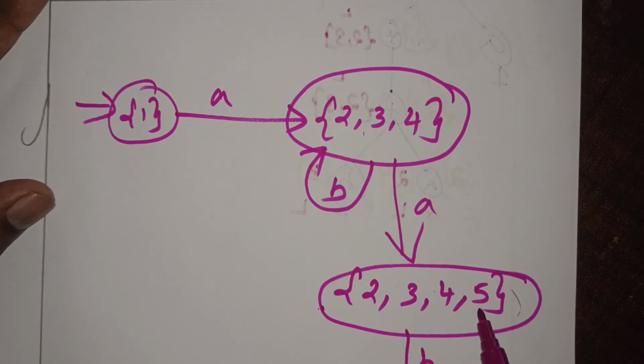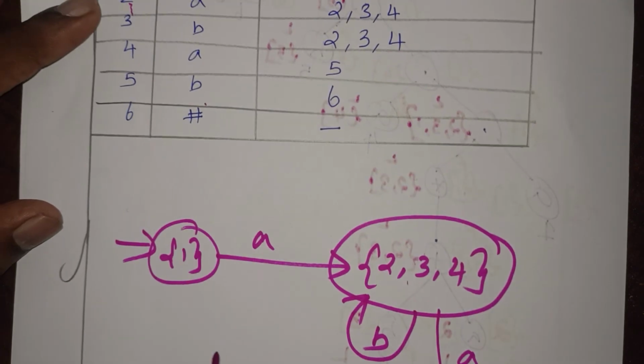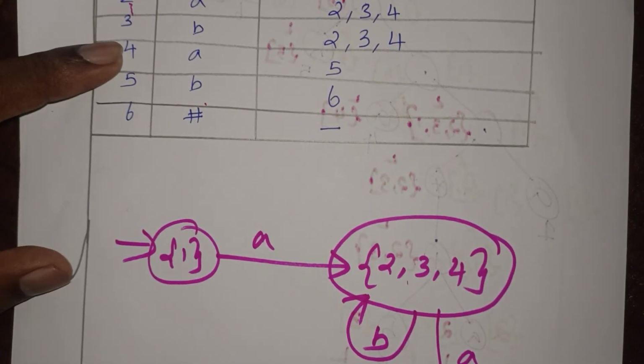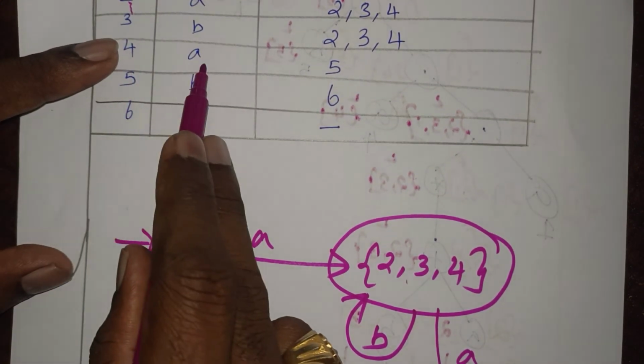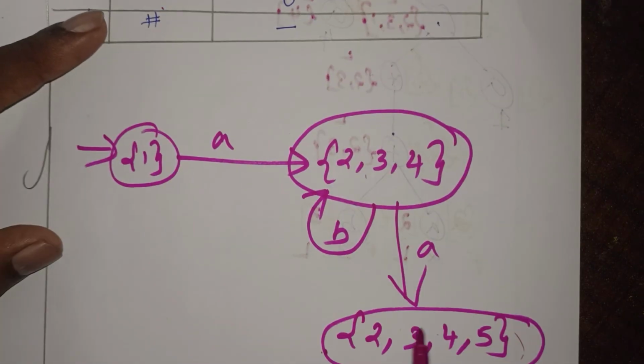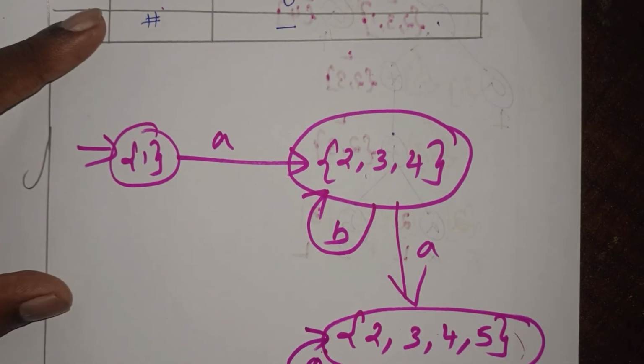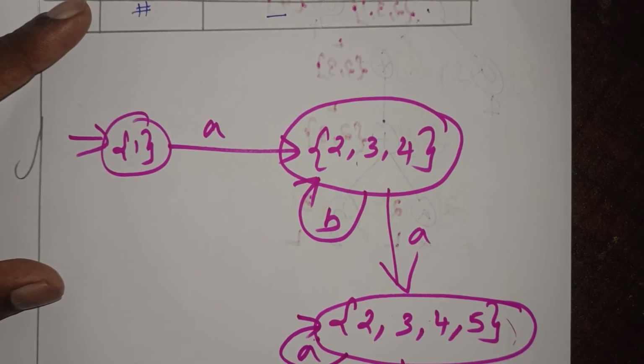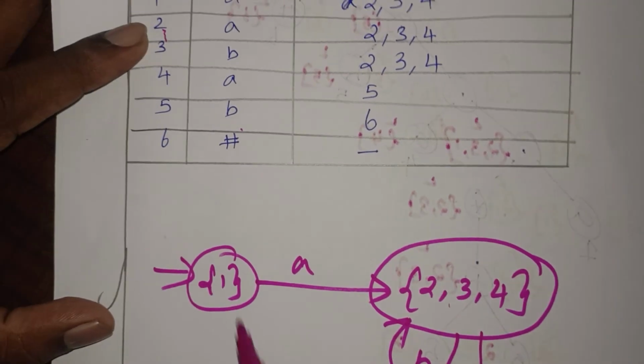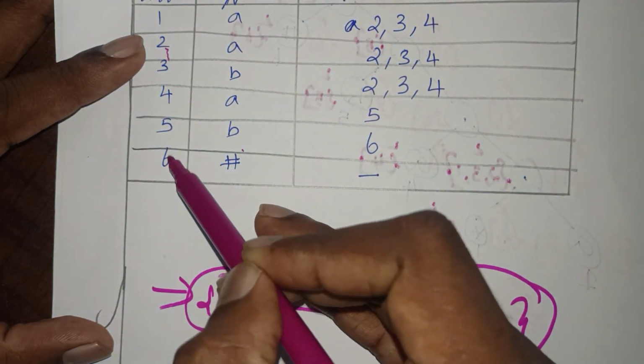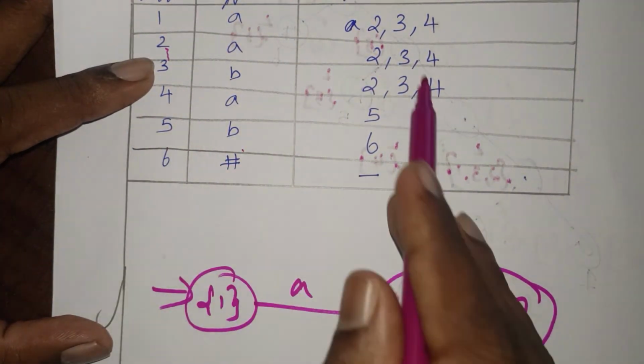So this 2, 3, 4, 5 is taking A and it is reaching itself. That is, 4 is taking A and it is reaching 5. So I can put A here. Likewise, here you can see it is taking B. Now you can see here 2, 3, 4, 6, the possibilities. So you can see 2, 3, 4, 6 is taking A and reaching the destination.